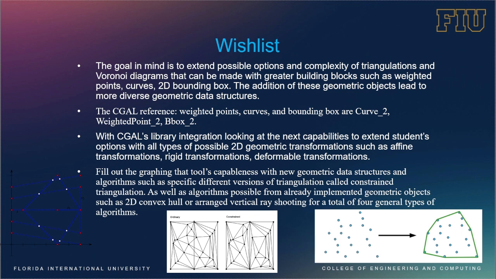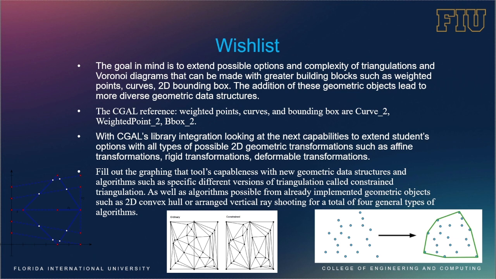That's implemented in Seagull, and can be extracted in C++ and in Java for the future capstone students. As well, to fill out the capability of this tool and framework, we want a total of 4 algorithms or geometric data structures, and there are currently only 2.